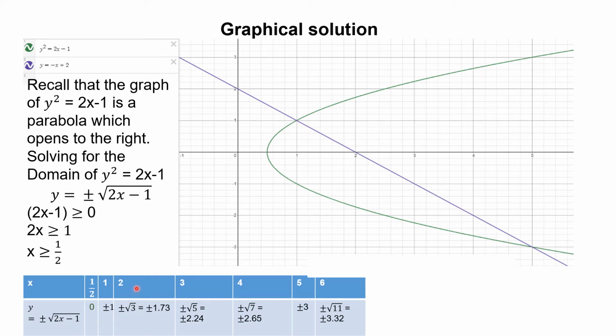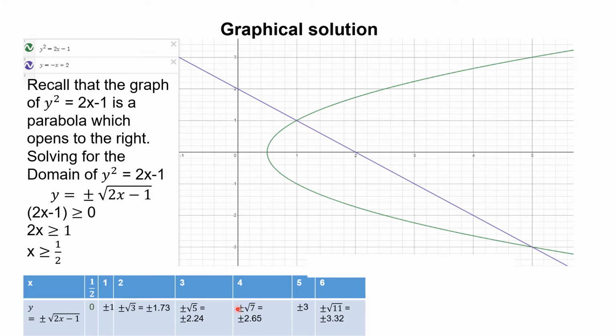When x is equal to 2, we have plus or minus square root of 3, which is plus or minus 1.73. Similarly, we can substitute x equal to 3 and solve for the value of y. So you have square root of 2 times 3, that's 6, minus 1, so that's square root of 5, which is plus or minus 2.24.